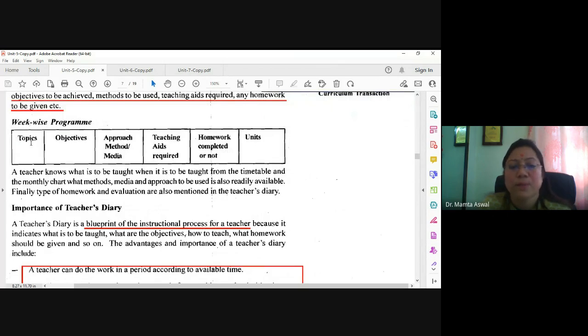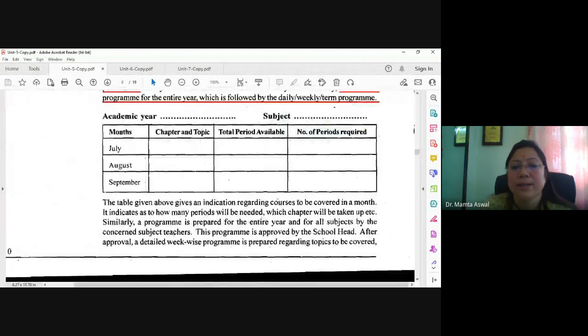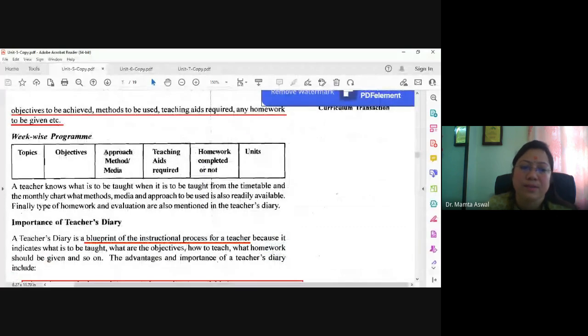What are the topics you are going to teach in a particular week, what are the objectives, what method you will use, what audio visual aids and teaching aids will you use, what is the homework you have provided, whether the child has completed it or not, what units will be covered under this particular topic. So this is a teacher's diary, year wise and then week wise you can develop.